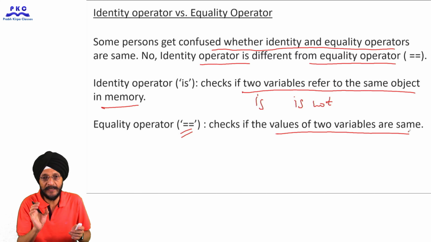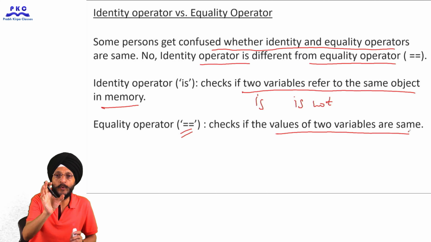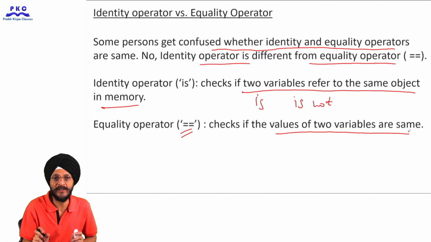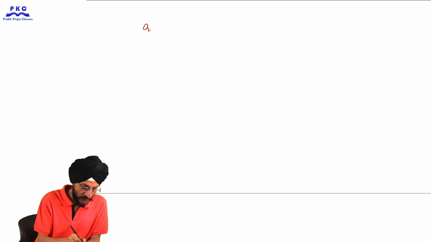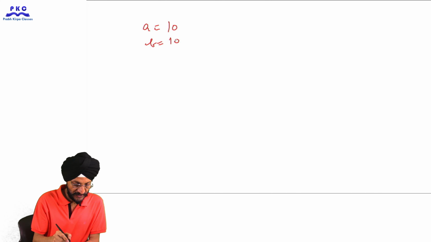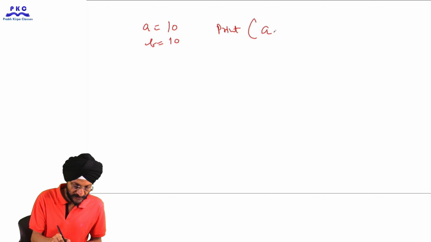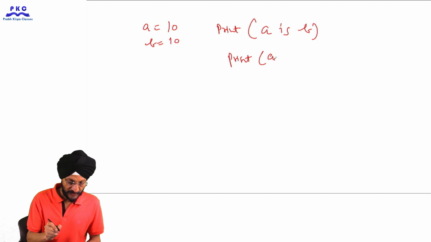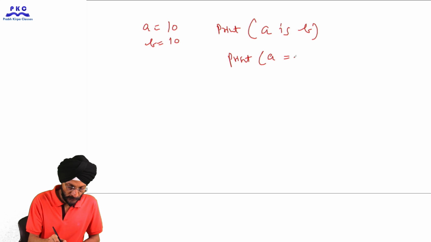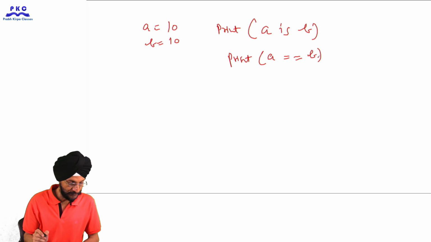We will understand the difference between the two, the identity operator and equality operator, with the help of an example. Suppose we write a is equal to 10, b is equal to 10, and we use the identity operator, print a is b, and in another we use the equality operator, print a equals equals b.